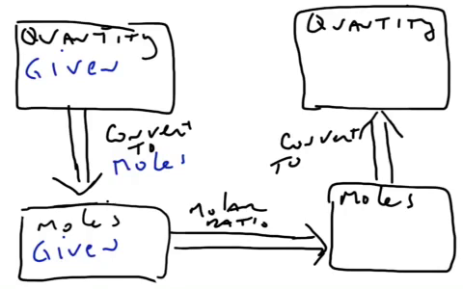Then comes the molar ratio. The molar ratio is simply the coefficients of the balanced equation. When you look at a balanced chemical equation, you see the numbers, like 2 moles of this and 5 moles of that and 6 moles of that.